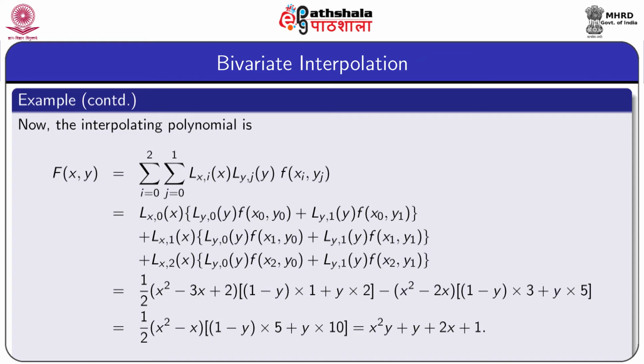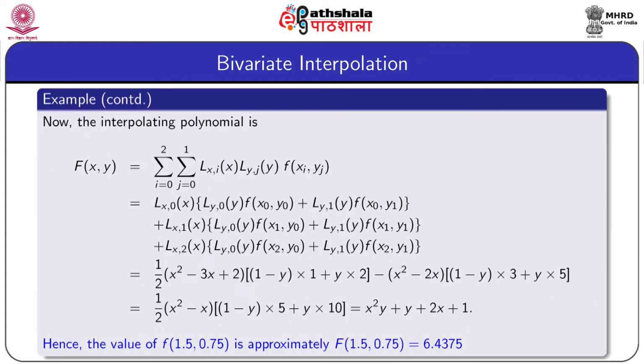After using the values of Lx0, Lx1, Lx2, Ly0, Ly1 and all other values of f, we get capital F of x, y equal to half of x square minus 3x plus 2 into 1 minus y into 1 plus y into 2 minus x square minus 2x whole into 1 minus y into 3 plus y into 5. After simplification, this expression reduces to x square y plus 2x plus 1.